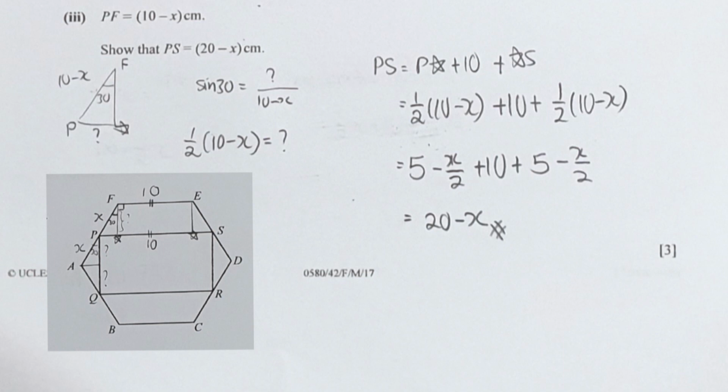So sine 30 equals unknown over 10 minus x. Your unknown here, final calculation will get you half bracket 10 minus x. So your P star is equivalent to star S. So PS equals P star plus 10 plus QS. You run the calculation, then you should be able to prove your PS as 20 minus x.